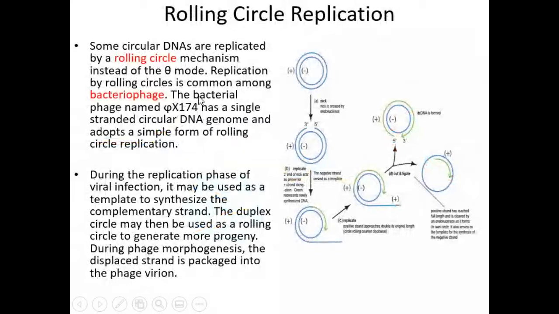For a rolling circle, you do not need the primer. And for the rolling circle, the leading strand is covalently linked to the template. Later on I will show you that. So when you start this, they will start from this 3' hydroxyl group here. So that's why they do not need the primer.